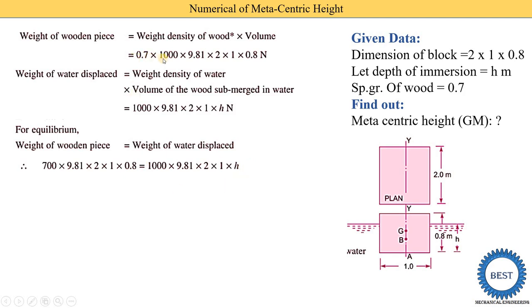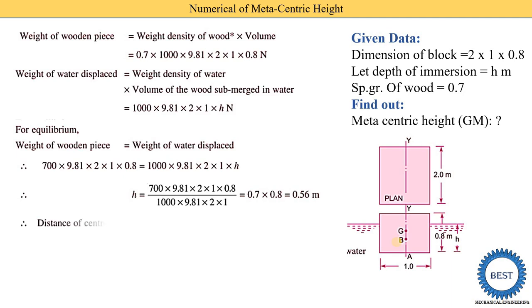So here 0.7 into 1000, that is 700, into 9.81 into 2 into 1 into 0.8 is equal to the weight of water displaced, 1000 into 9.81 into 2 into 1 into h. So here h is equal to 0.56 meters. So here we calculate the h. Now we are able to find out the b and also the metacentric height.